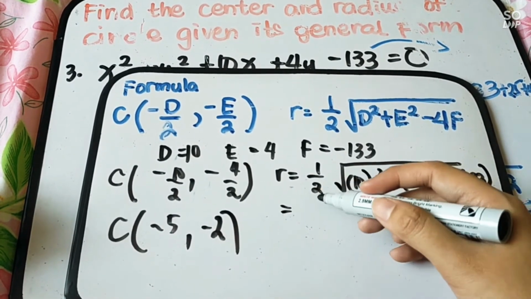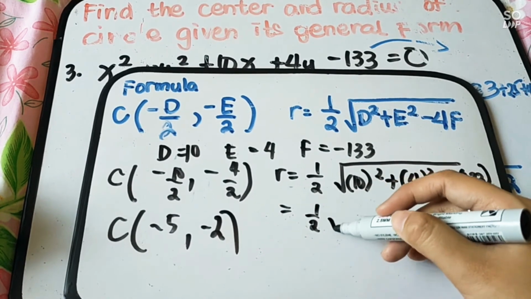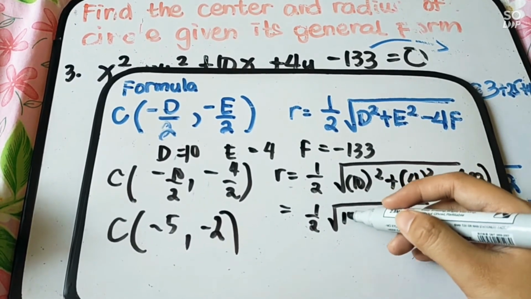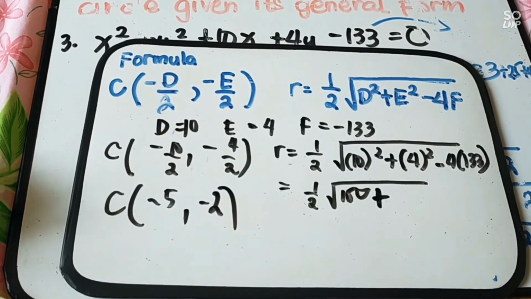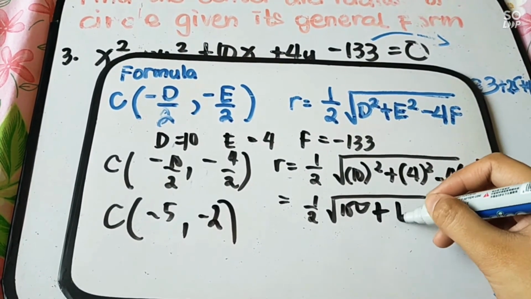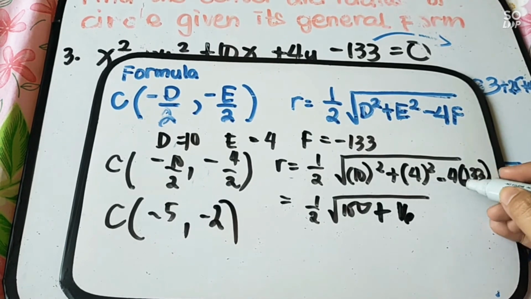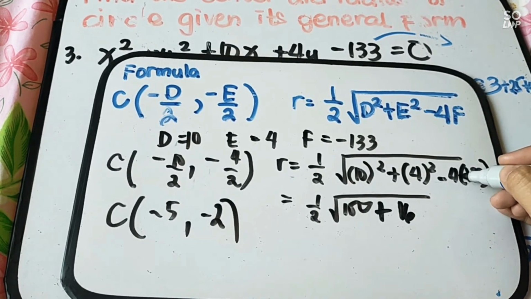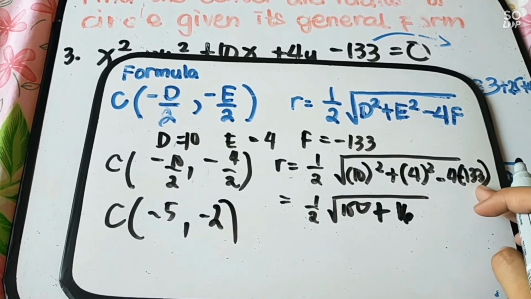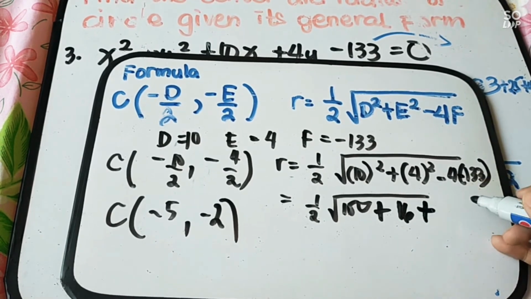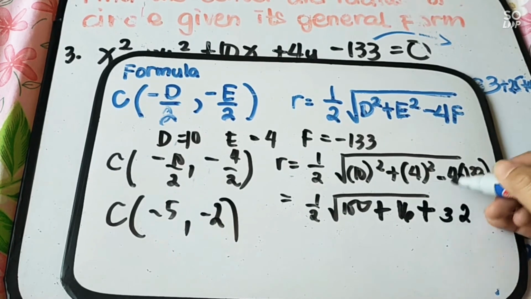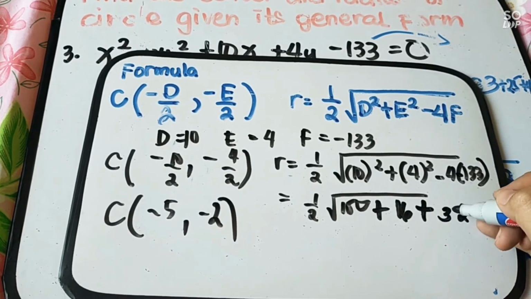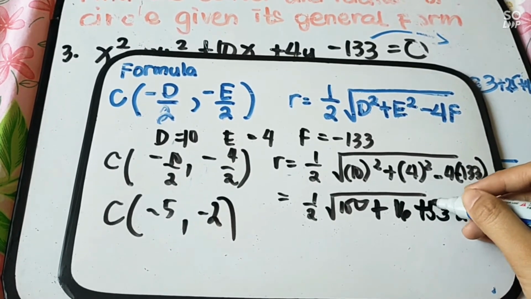So, it is equal to 1/2 of the square root of 10 squared, we have 100, plus 4 squared, we have 16, then negative 4 times, this one should be negative, times negative 133, we have positive 12 carry 1, 12, 13 carry 1, so we have 532.